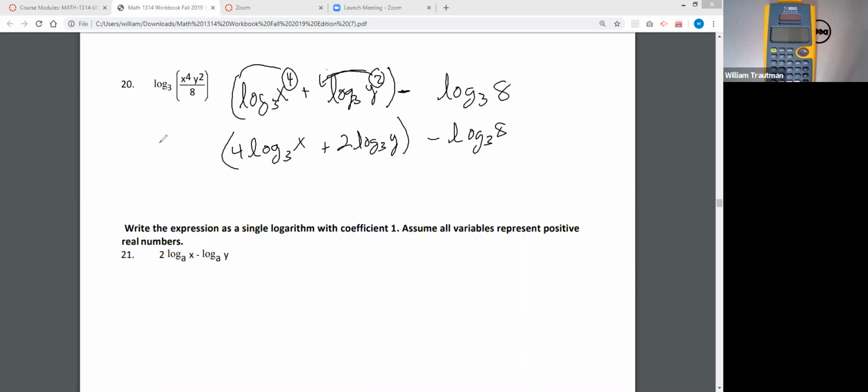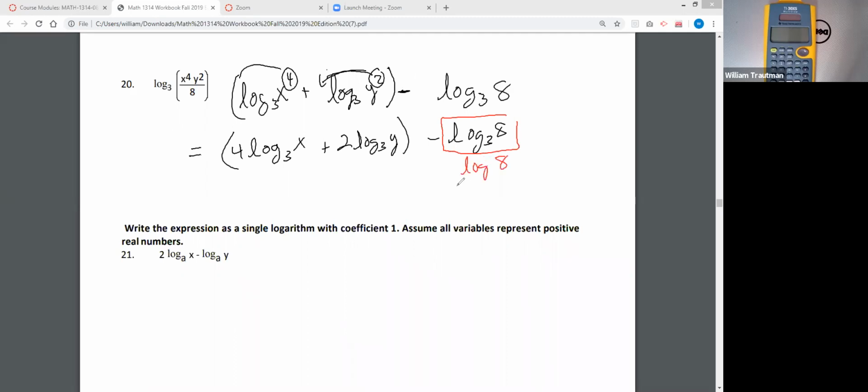Okay? Now, if you put this down as your answer, you're going to be wrong, because of this over here. Try to use that change of base formula we said on your calculator.